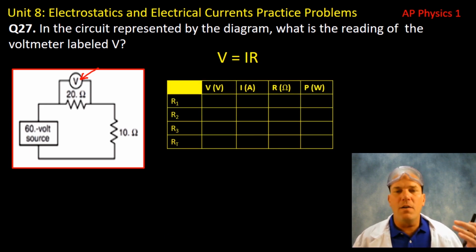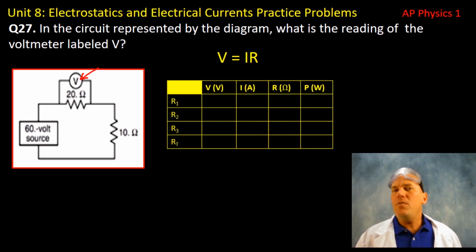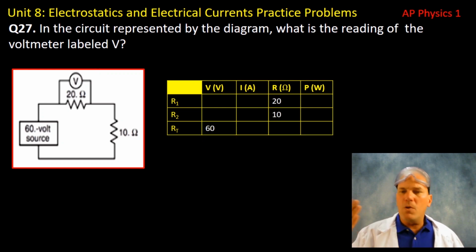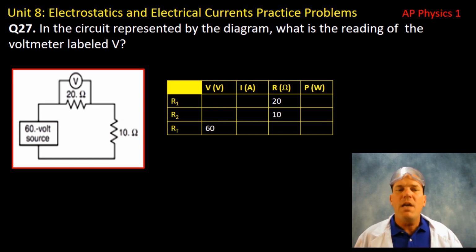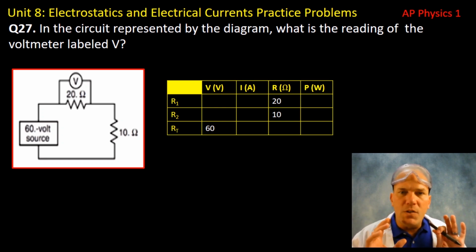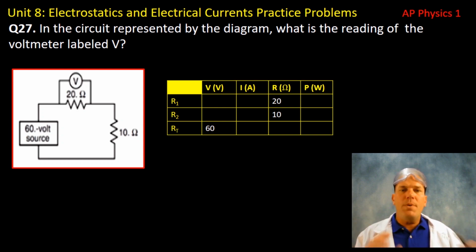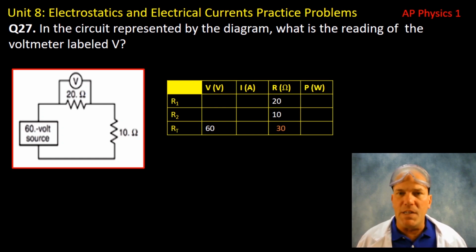Let's go ahead and get our VERP table laid out, and let's do what we're always going to do with these. We're going to write into the table what we're given. Well, we're given two resistors, and we're also given the total voltage or potential difference for the circuit to be 60 volts.